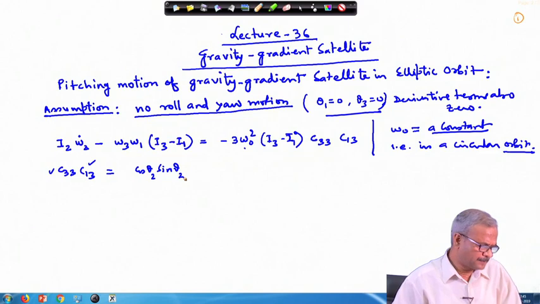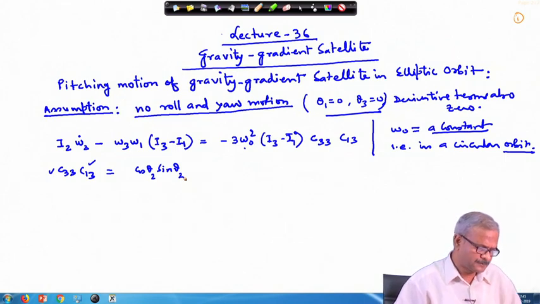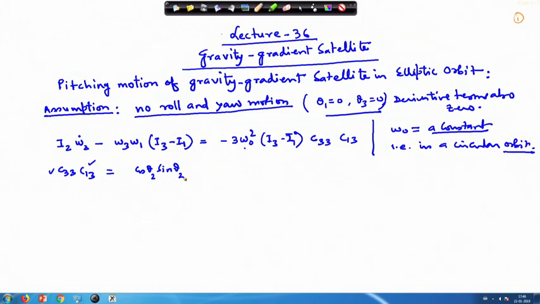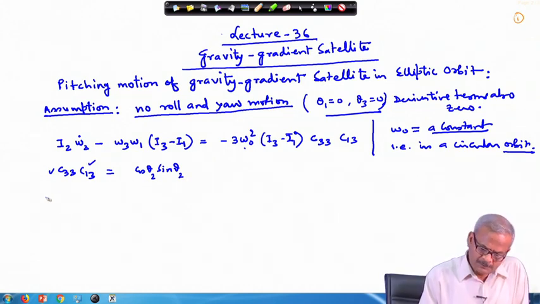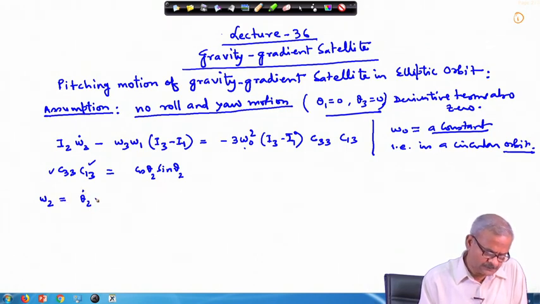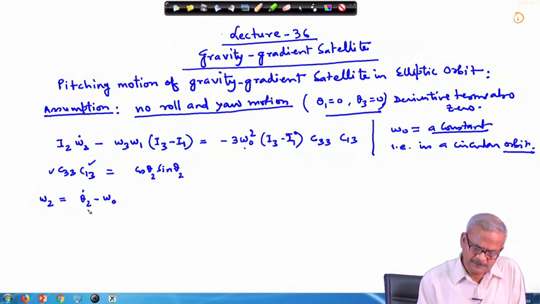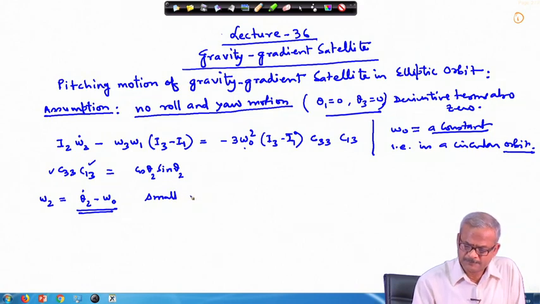Otherwise, we would have to go back into the old set of lectures and find out all these quantities which were involved. And omega 2 we have written as theta 2 dot minus omega 0, and this we have done for small angular motion.